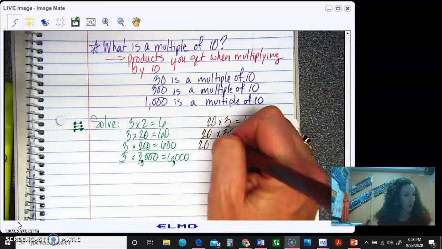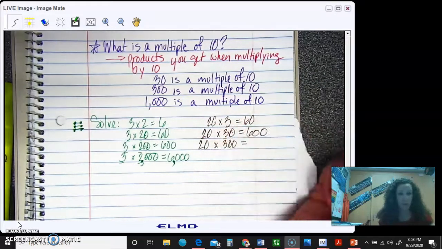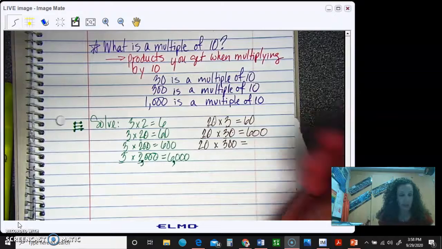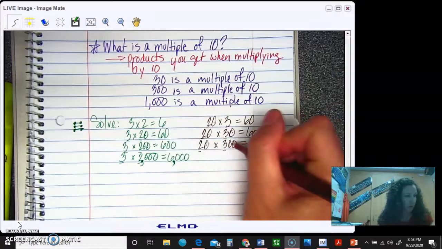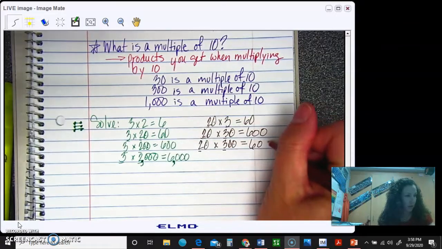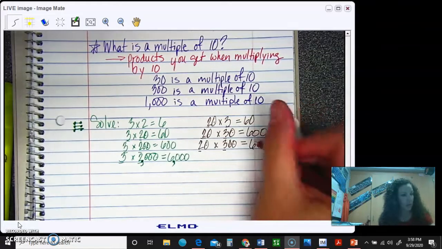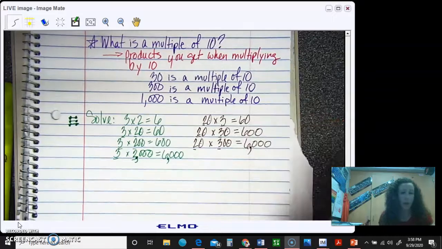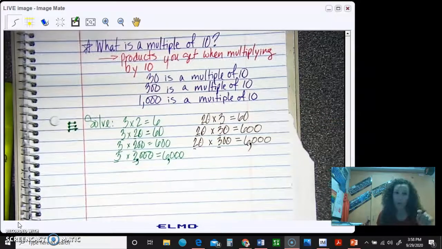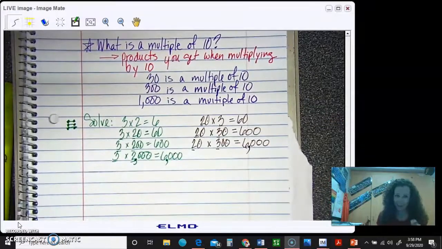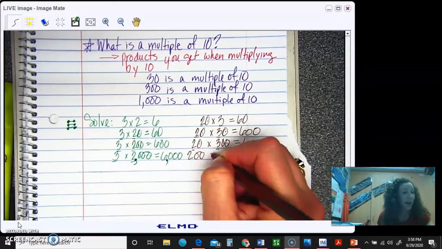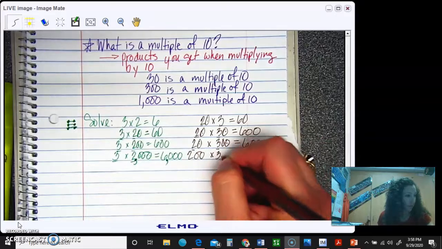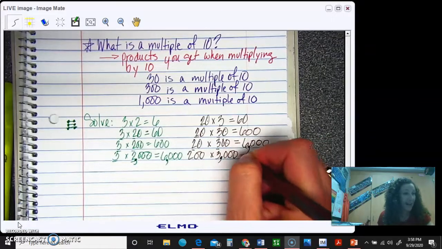20 times 300. Don't get freaked out because there's so many digits. It's still just 2 times 3, which you know, and then you count your zeros. 1, 2, 3. See? And I'm going to be fancy, and I like the comma in there. I think you guys know that, because whenever we do near-pause, I say, thank you for the comma, right? All right, so let's do one more. 200 times 3,000.